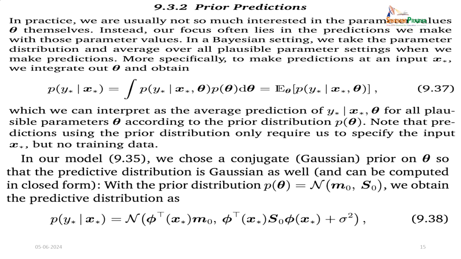More specifically, to make a prediction at an input x, we integrate out theta and obtain p of y given x equal to the integral of p of y given x, theta times p of theta d theta, equal to the expectation over theta of p of y given x, theta, which we can interpret as the average prediction of y given x, theta for all plausible parameters theta according to the prior distribution p of theta. Note that prediction using the prior distribution only requires us to specify the input, but no training data.